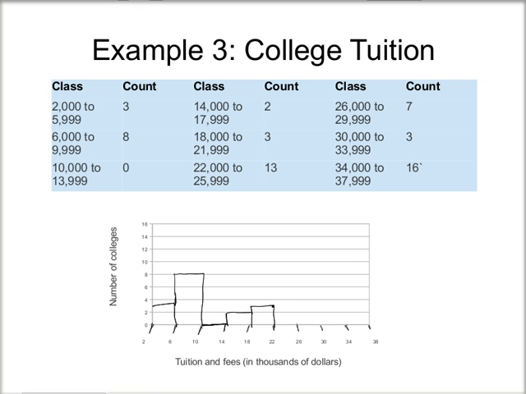The next one goes all the way up to 13, which is about there. So there's that bar, and then back down to 7 here, and then 3. And finally my last interval goes all the way up to 16 for my highest bar. So that's my histogram.